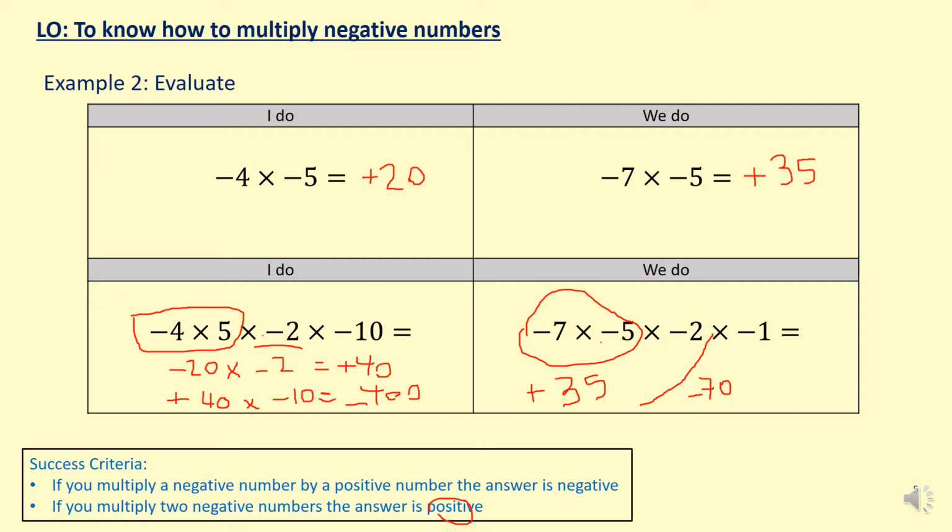And for the last part, I have 70 times 1, which is 70, and then I have negative times another negative, which makes a positive answer. So your last answer should be positive 70. Very well done if you managed to do this one right.